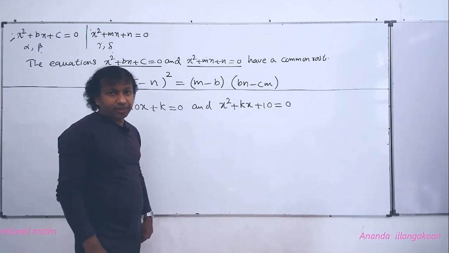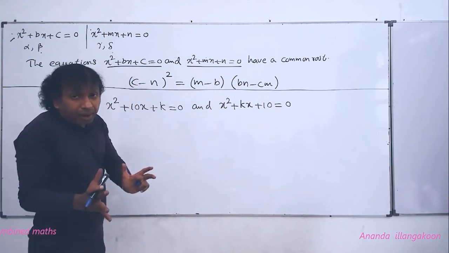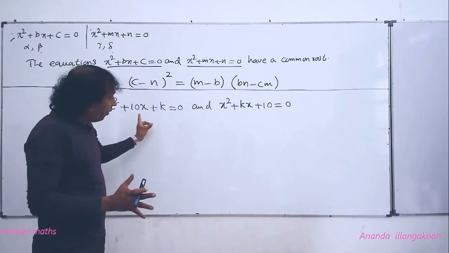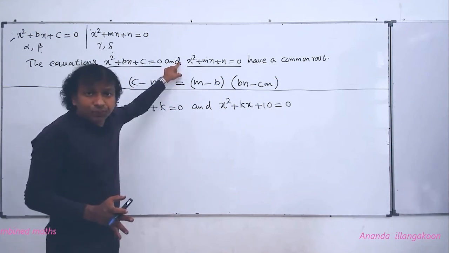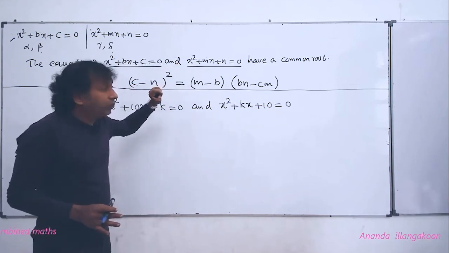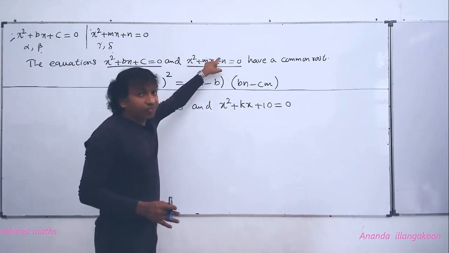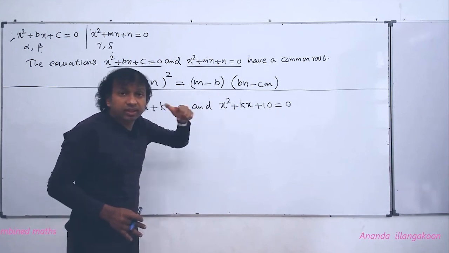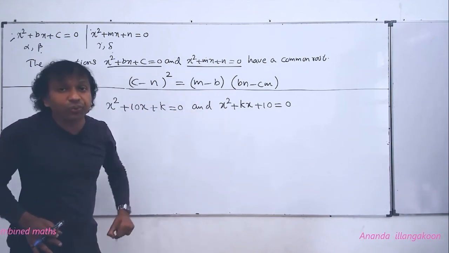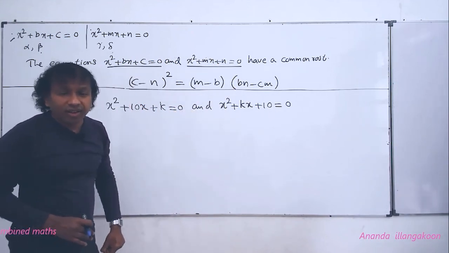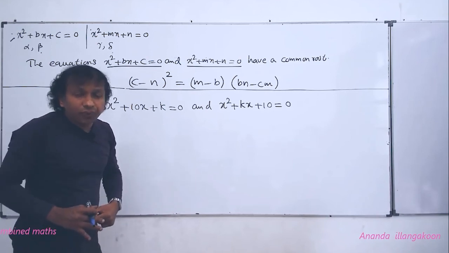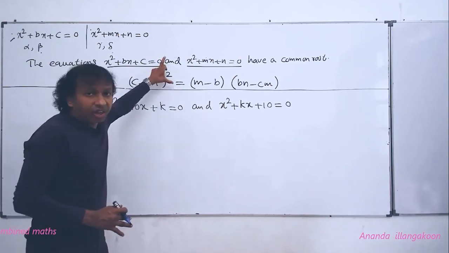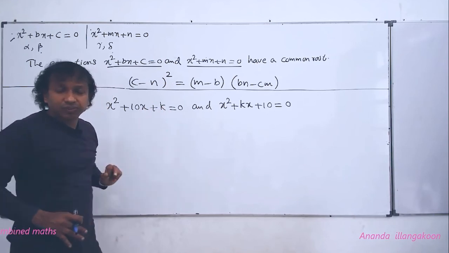Right. Now compare this result with the one we just proved. What we proved? This equation and this equation have a common root, then this relation we can write, because we have proved that one. Now try to match this result for the last question.